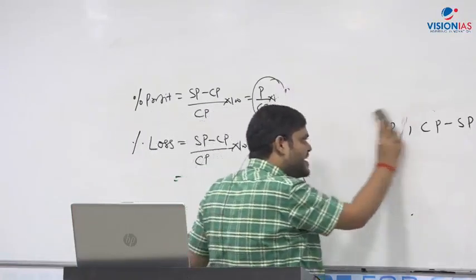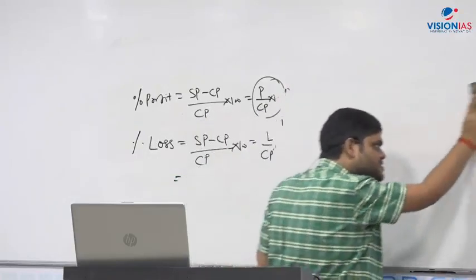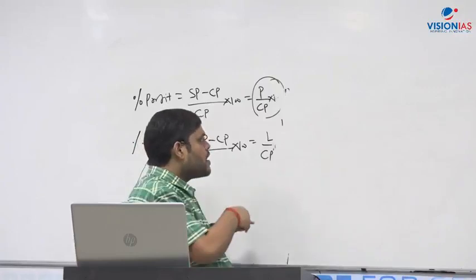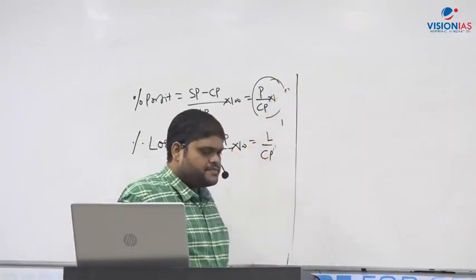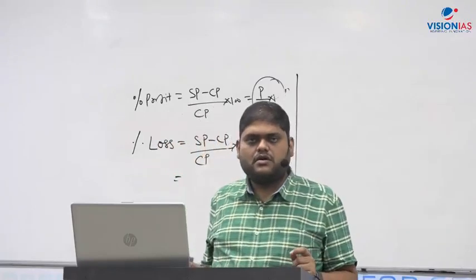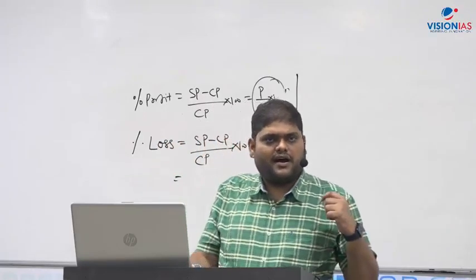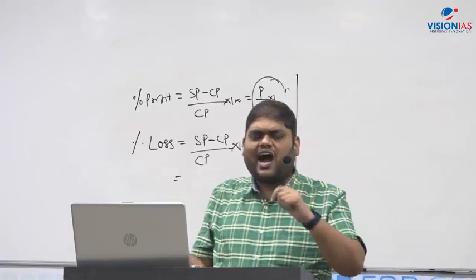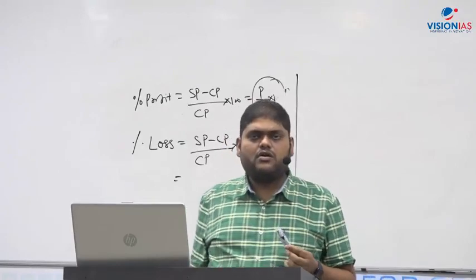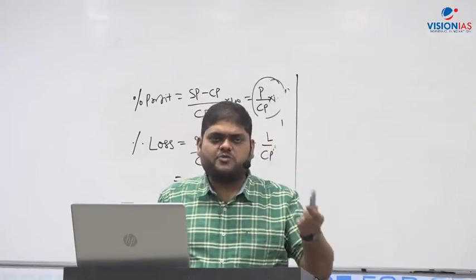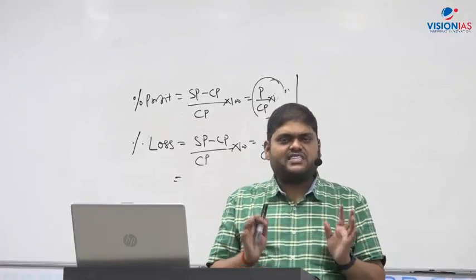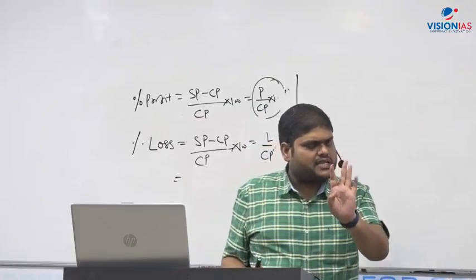We don't need formula, we need common sense. Let's come to the common sense part. Suppose the question is saying, suppose after selling mango at 50 rupees per kg, a random question I am taking, after selling, see, here only three things are there.